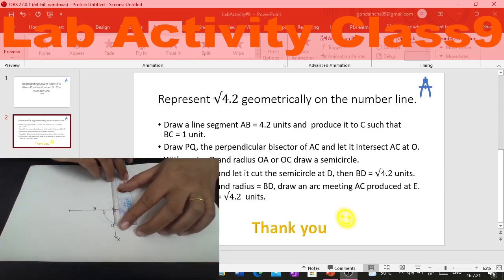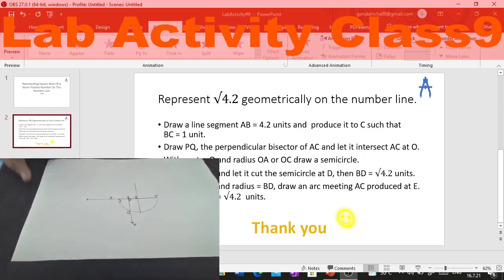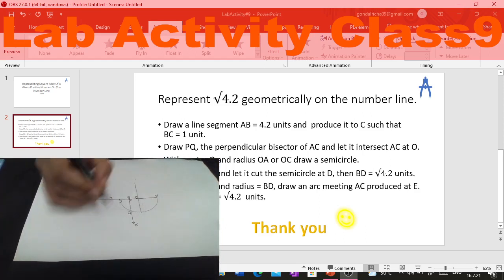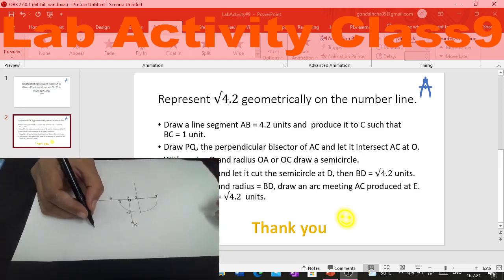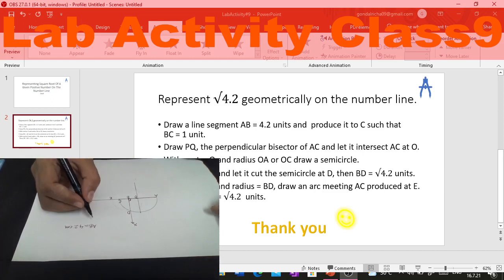So remember what we have done here. First of all, we have taken AB as 4.2 centimeter. Then we have drawn a point C such that BC is equal to 1 centimeter.